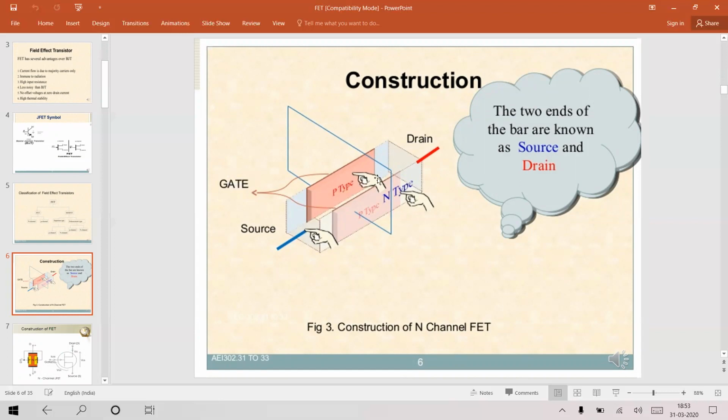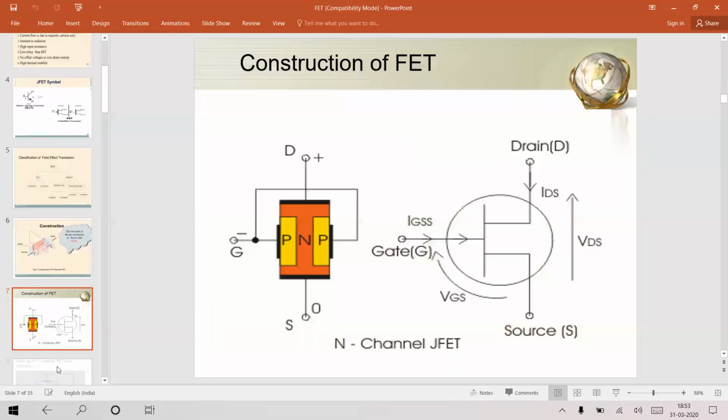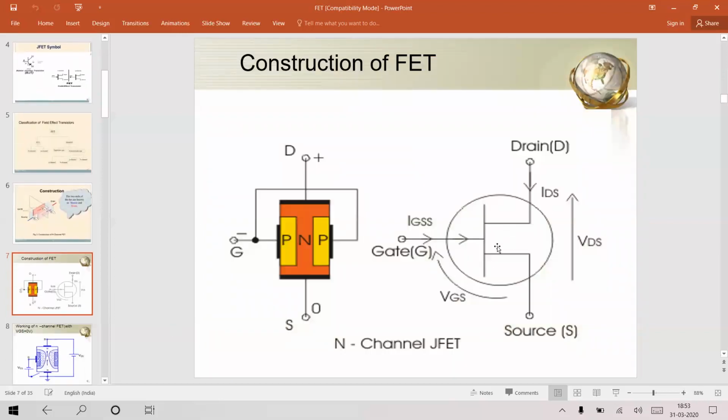And sitting at the gate, you are controlling the flow of charge carriers. This is just to give an idea. But how it looks circuit-wise is a symbolic representation, and the cross-sectional view of this FET looks like this. Again, you have two terminals, source and drain, and the third terminal is the gate sitting here.